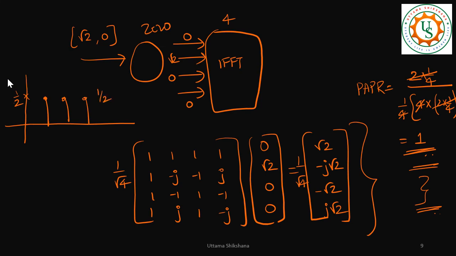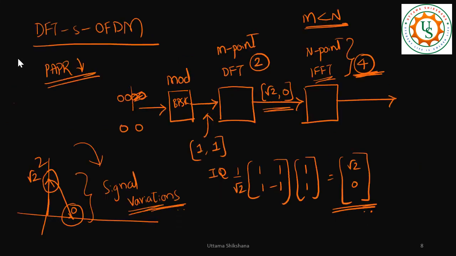Correct. So if you see here, the signal variations are less. That's what happened, right? Because in the earlier case, after doing DFT, we saw that the signal variations were more. The first sample had a power of 2, and the second sample almost went to 0. So there the signal variation was high.